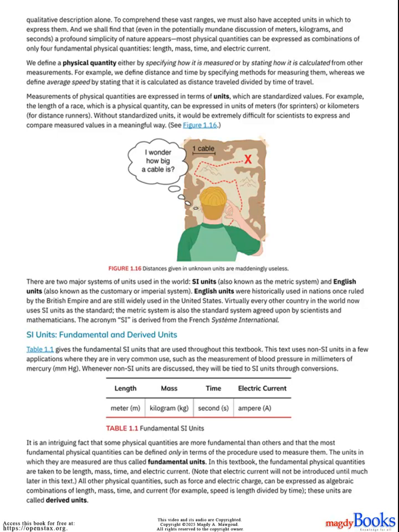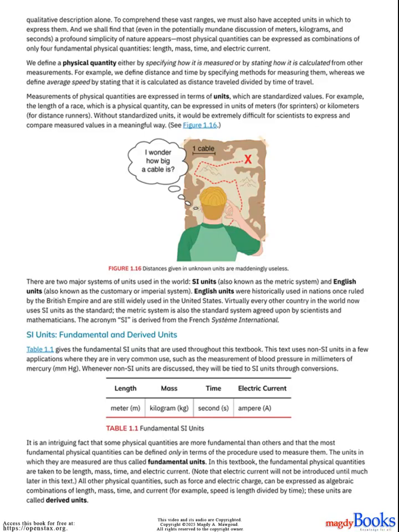1.2.1 SI units, fundamental and derived units. Table 1.1 gives the fundamental SI units that are used throughout this textbook. This text uses non-SI units in a few applications where they are in very common use, such as the measurement of blood pressure in millimeters of mercury, mmHg.